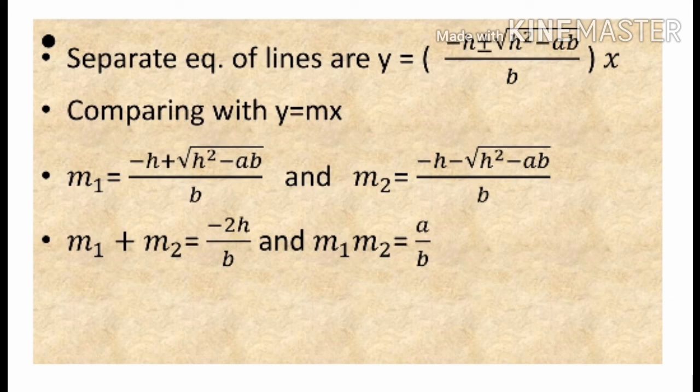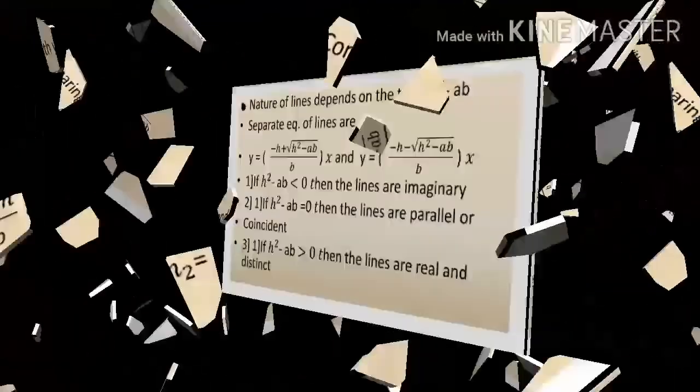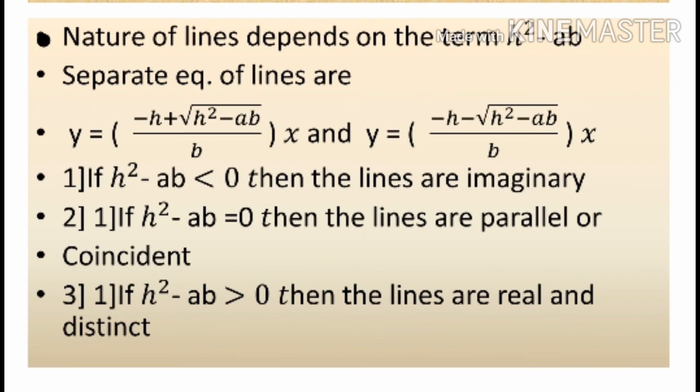So the sum of slopes of the lines ax² + 2hxy + by² = 0 is −2h/b, and the product of slopes of the lines in the equation ax² + 2hxy + by² = 0 is m1 × m2 = a/b. Now the nature of lines depends on the term h² − ab.